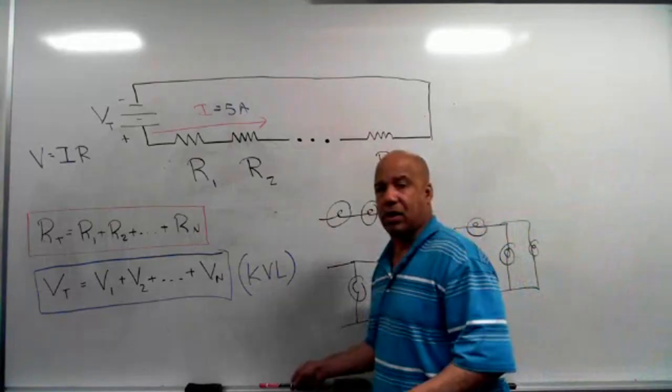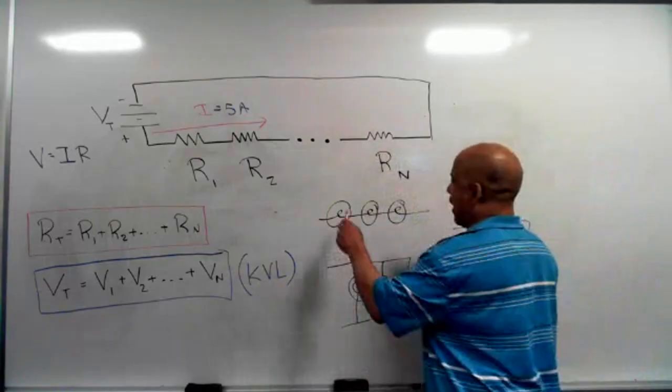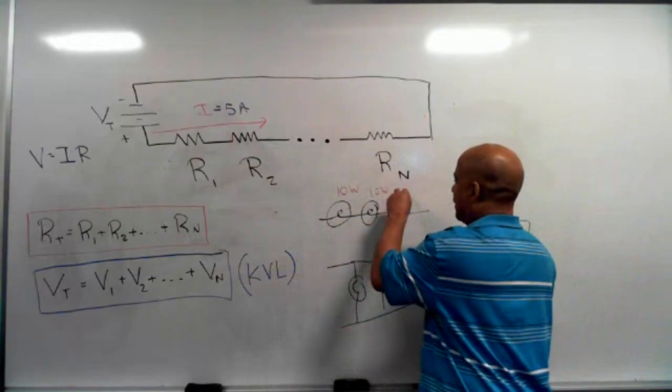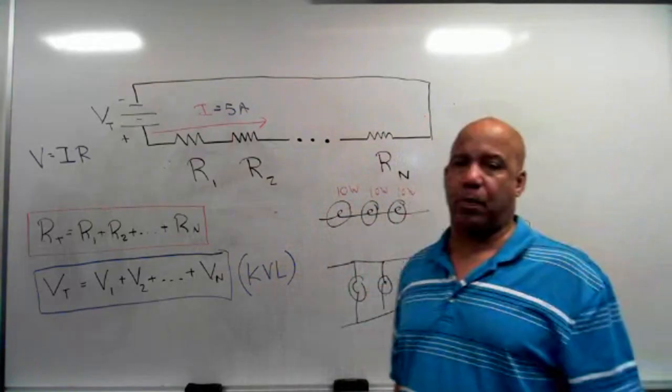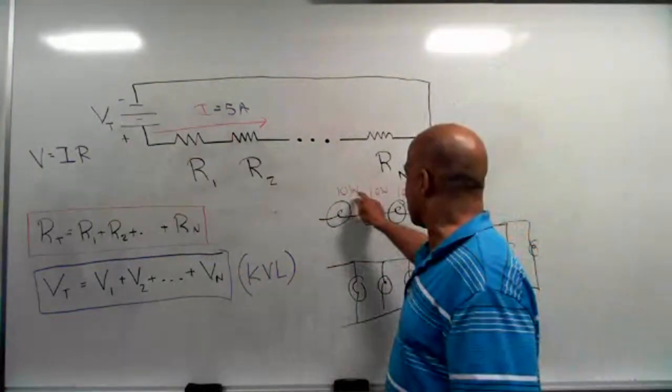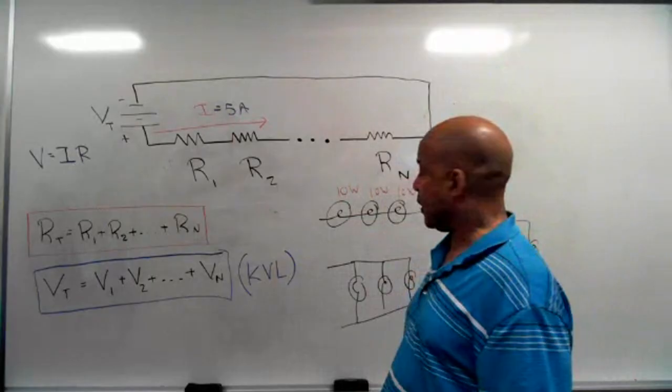Let's say that the wattage of the light bulb is 10 watts. This is 10 watts. This is 10 watts. This is 10 watts. If I say, all right, what's the total power dissipation of that series circuit? You add them up. The total power dissipation is 30 watts.